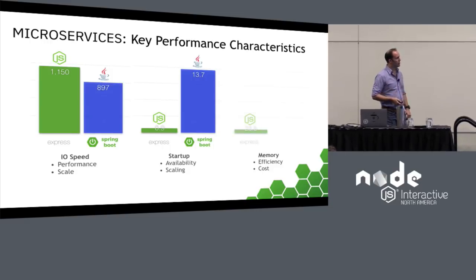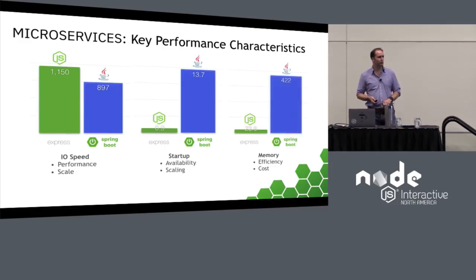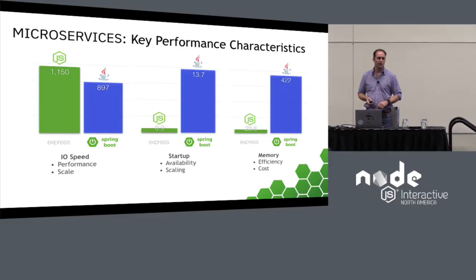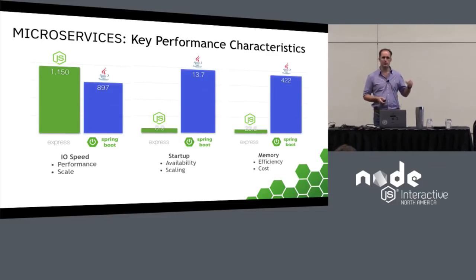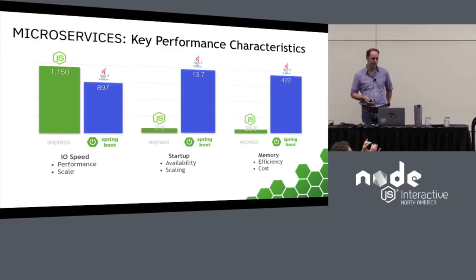So if we compare memory, we can see that Node.js uses something like 23 megabytes. We look at the same thing in Spring Boot, 422 meg. So you use a lot less memory using Node versus Java as well. So all in all, Node's actually fundamentally a good language to be deploying microservices.